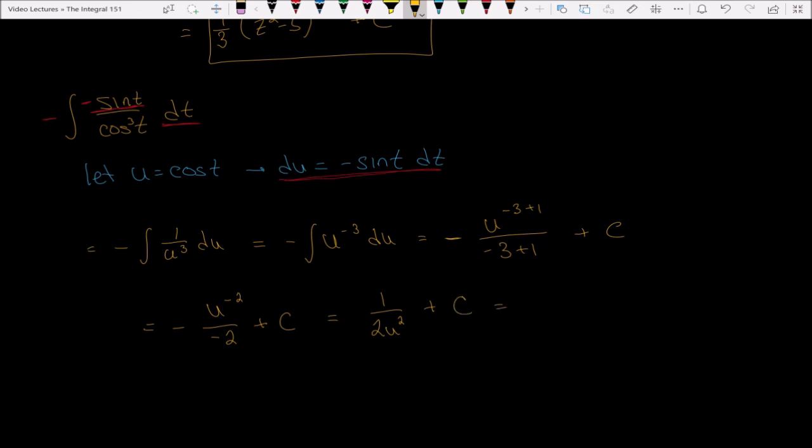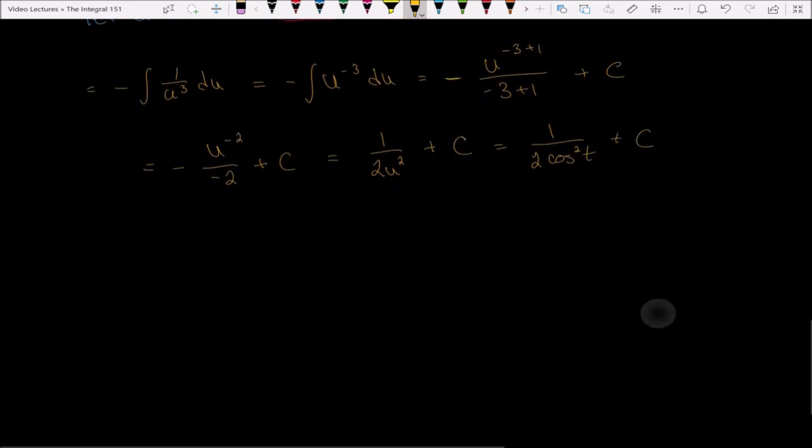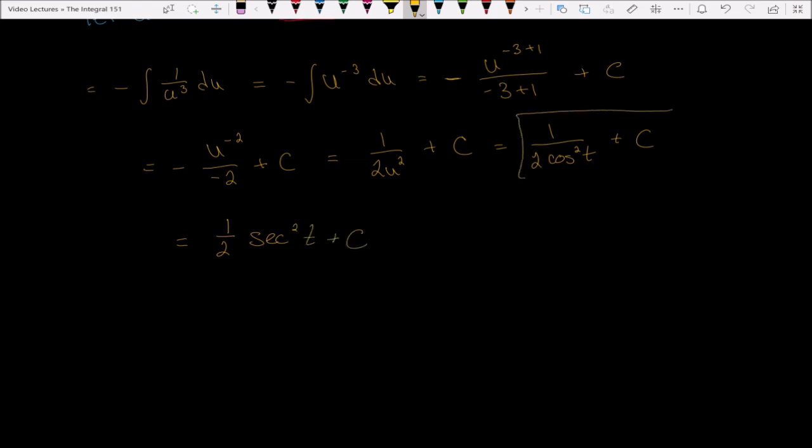And replace u. We get 1 over 2 cosine squared t plus our constant. Or we can use properties of trig and write that as 1/2 secant squared t plus a constant. Either one of these would be an acceptable antiderivative.